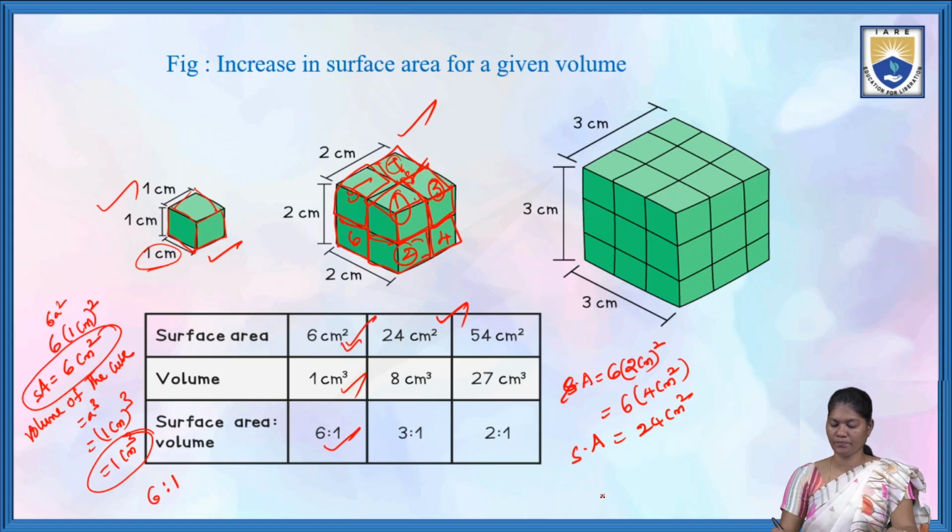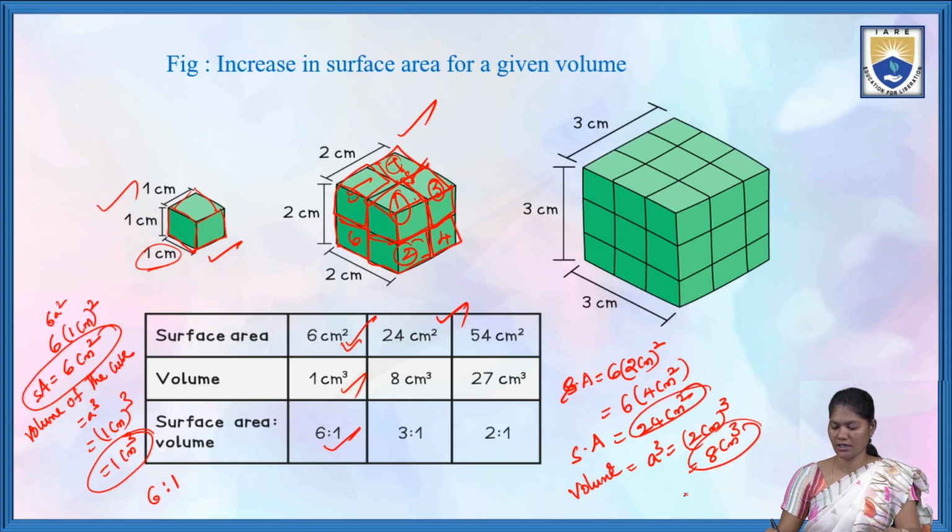Coming to the volume, it is a cube, that is 2 centimeter whole power 3, 8 centimeter cube. Now the ratio is 24 by 8, equal to 3 by 1. So the ratio is 3:1.